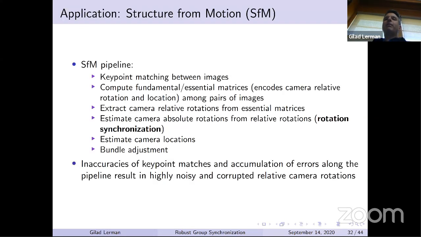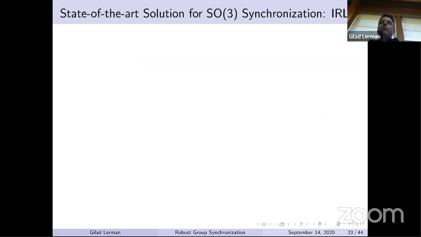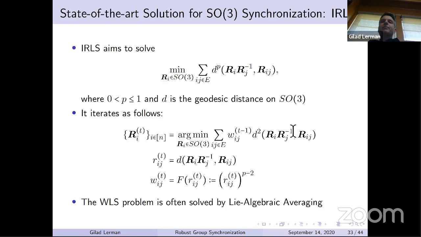Let me tell you first what the state-of-the-art solution is. It uses IRLS, iteratively reweighted least squares. It tries to solve the following minimization problem with p equal to 1 or p less than 1. We take the distance between the estimated group ratios and the measured group ratios. By the way, D is the geodesic distance on SO(3).